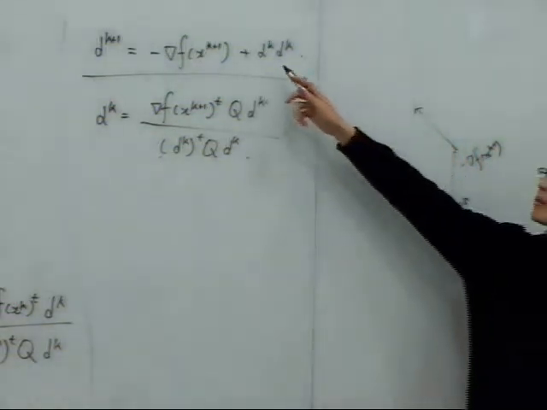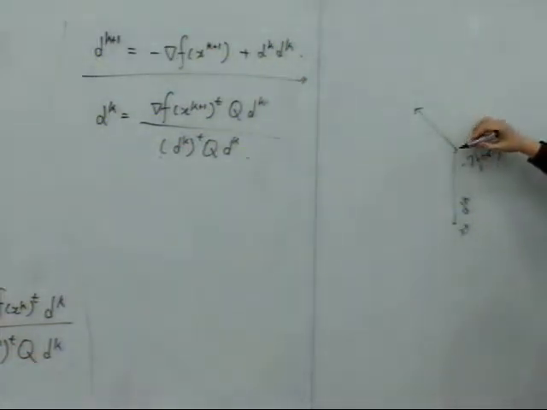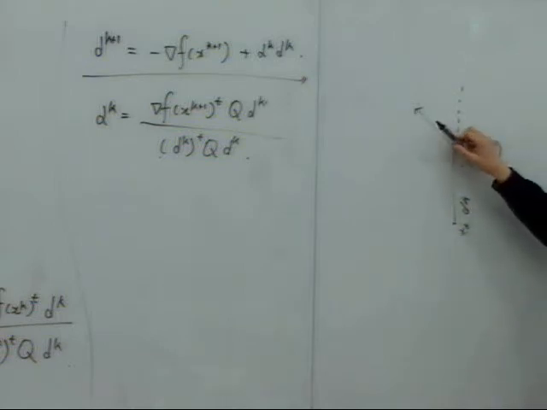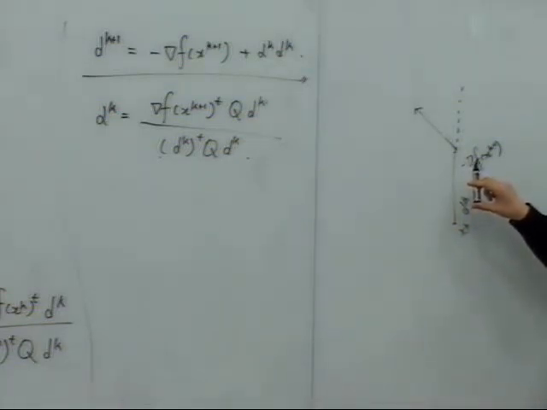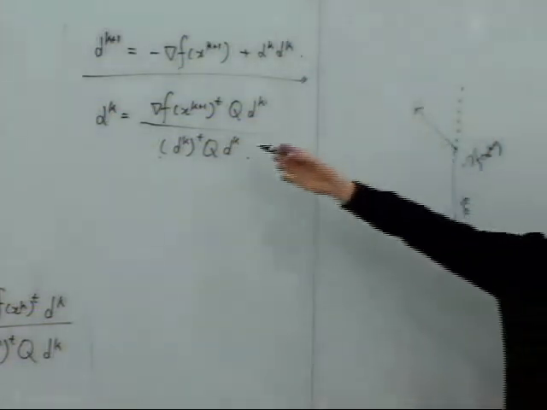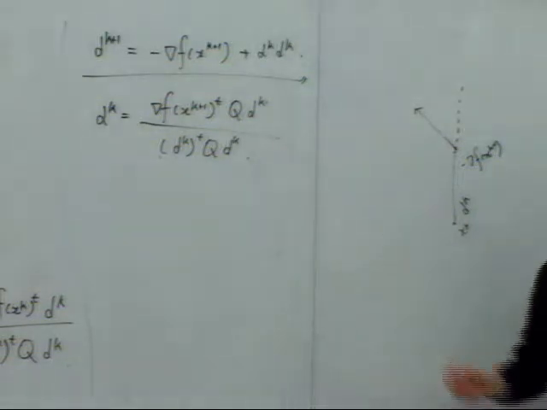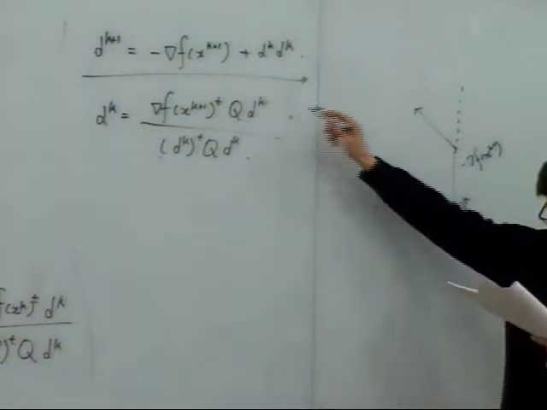And using this, this is the dk direction here. So you're mixing the steepest descent direction with your previous conjugate direction to make a new conjugate direction. Okay?